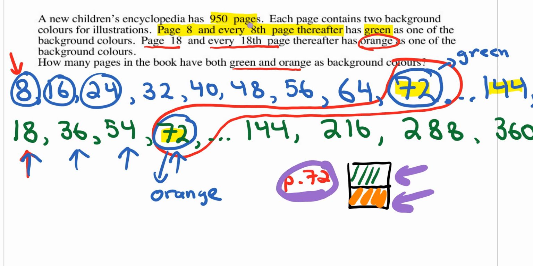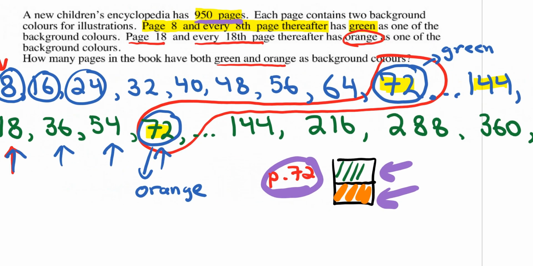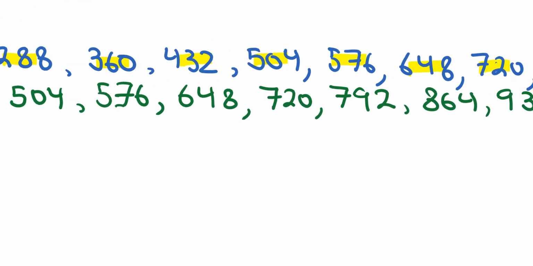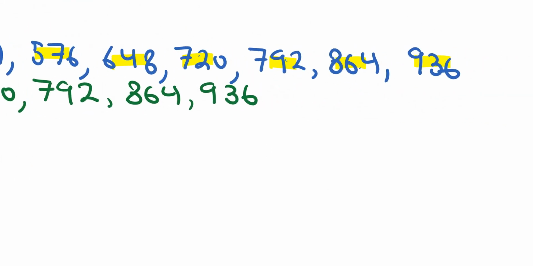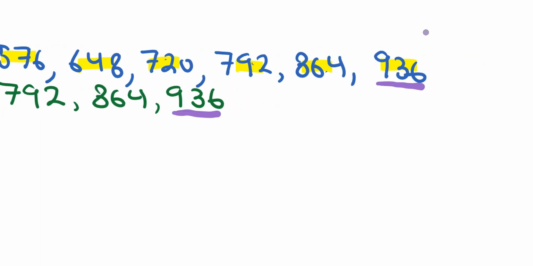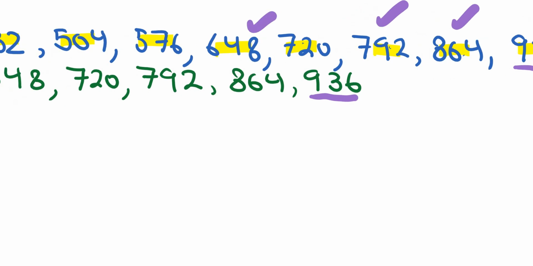Since this book has 950 pages, we keep on writing out the multiples of 8 and 18 until we get up to page 950. Eventually, page 936 is the last page where we have both orange and green. So there's 936, 864, 792, 720.